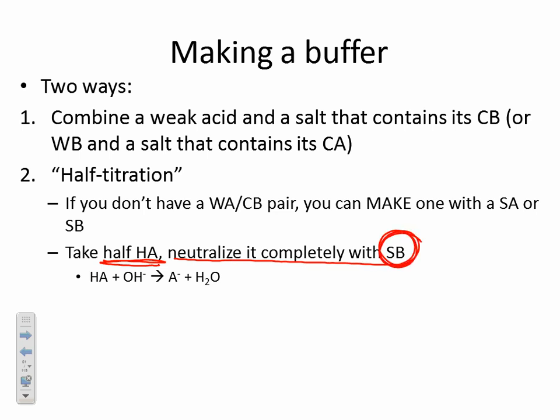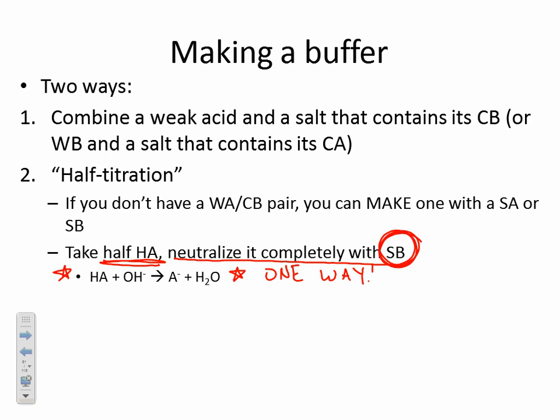The reason we're reacting it with a strong base is because then we get this reaction to occur: HA plus OH minus, that's the strong base, makes A minus plus H2O. This reaction is one way. It is not reversible. It goes until something is completely used up. So you want to be careful there and use up both your HA and your OH minus.